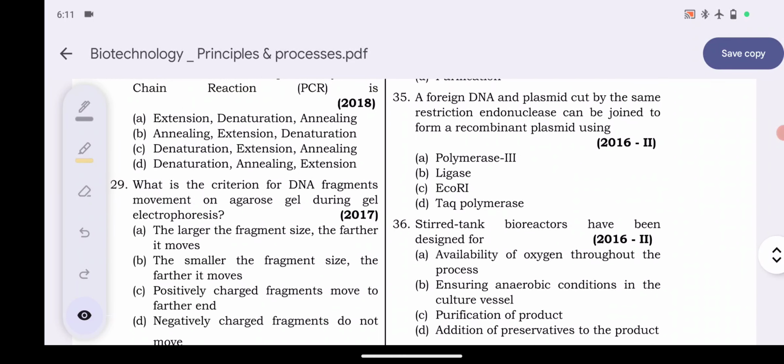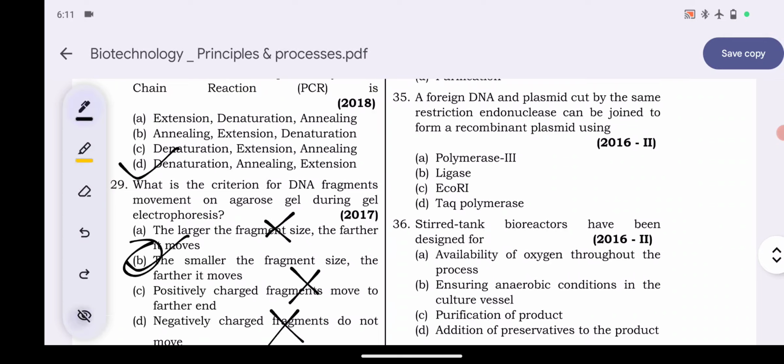Question number 35. A foreign DNA and plasmid cut by the same restriction endonuclease can be joined to form a recombinant plasmid using polymerase 3, ligase, EcoRI, Taq polymerase.